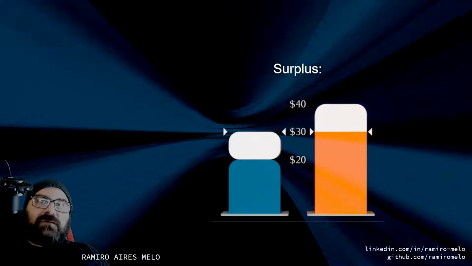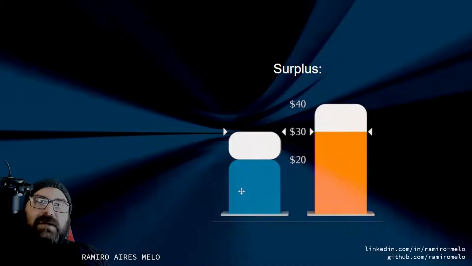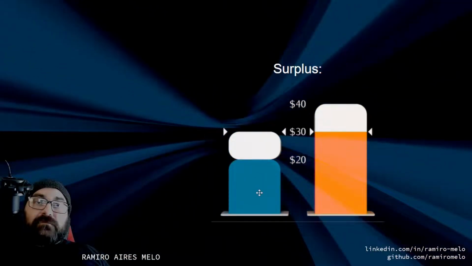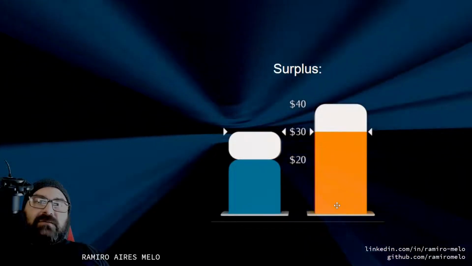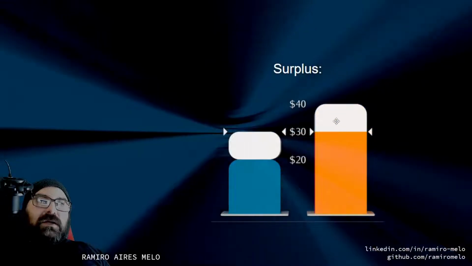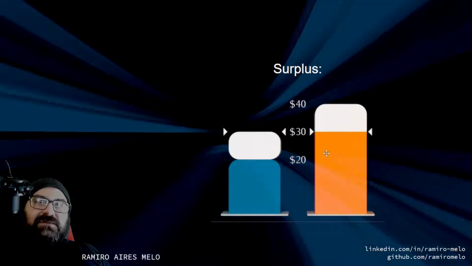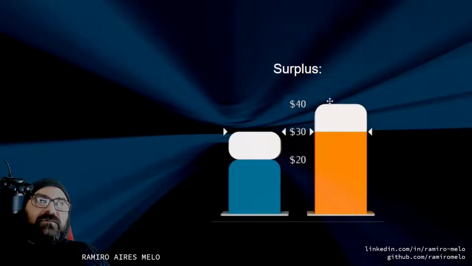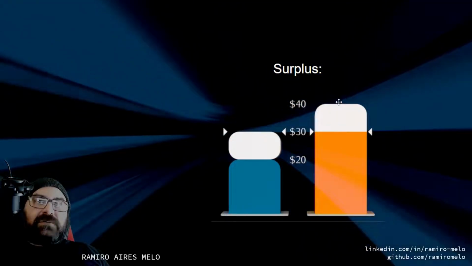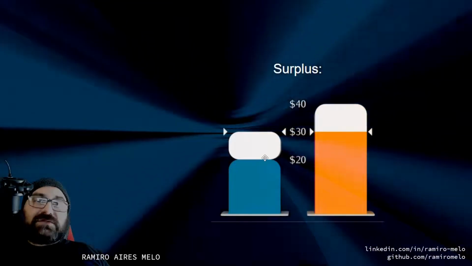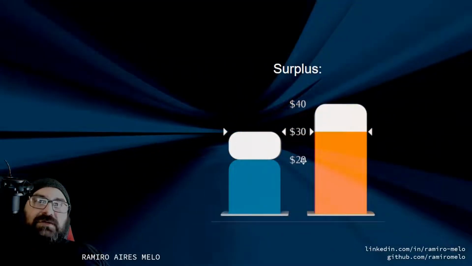So what we have here? We have two bars: one representing the seller's price level, and the orange bar represents the buyer's price level, okay? So that means that in this specific case, the buyer is willing to pay $40 for the product, and the seller is willing to sell this product for $20.